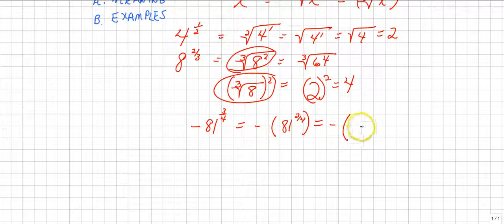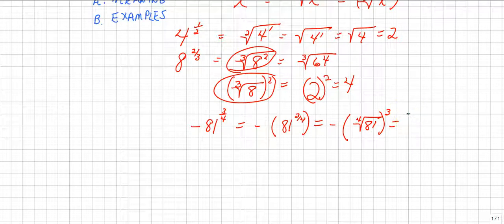So 81 to the 3/4 is the fourth root of 81, and we're going to put the cube outside the parentheses, which is a little easier, because we wouldn't want to cube 81 first and then try to figure out what the fourth root of that is. So the fourth root of 81, you think, well, let's see. Is there a small number that you multiply by itself 4 times that is going to equal 81?